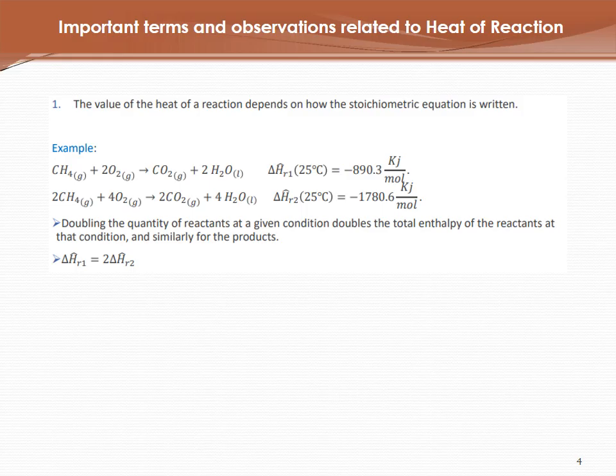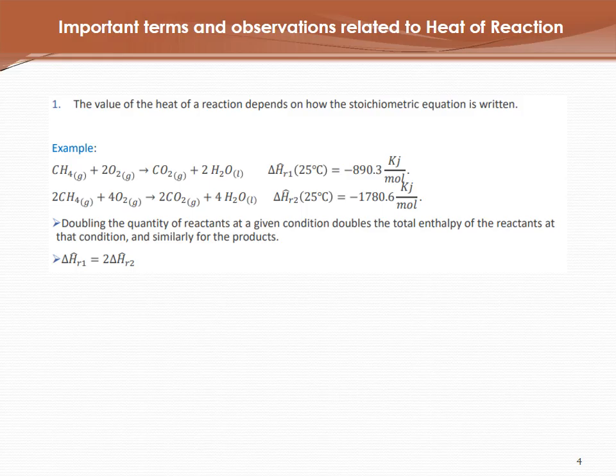These are burnt and you get 1 mole of carbon dioxide and 2 moles of H2O. This is an exothermic reaction where energy is released, and the heat of reaction that is measured experimentally is minus 890.3, that is, 890.3 kilojoules per mole of heat is released.